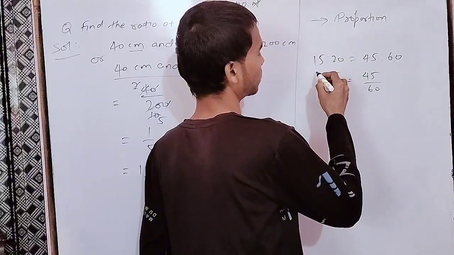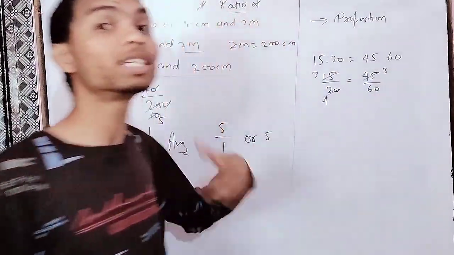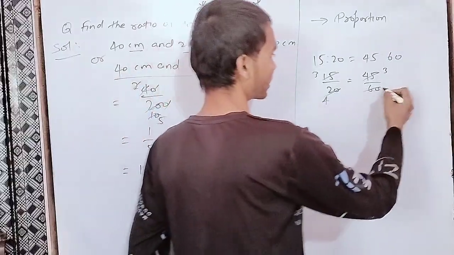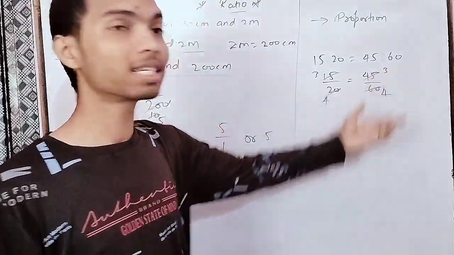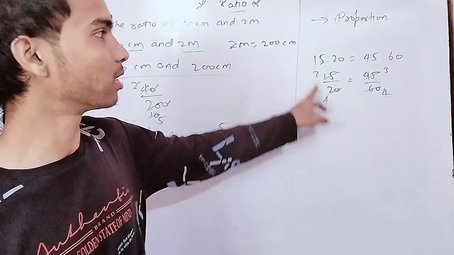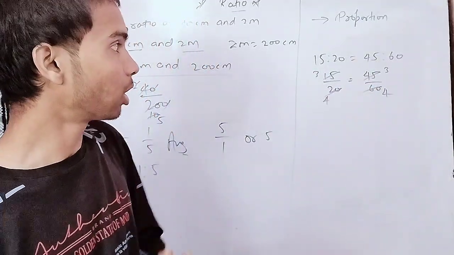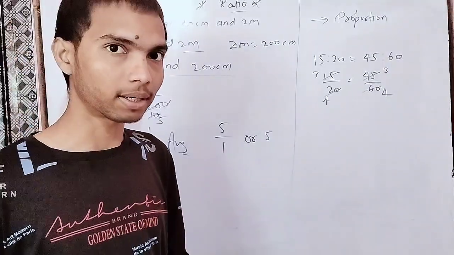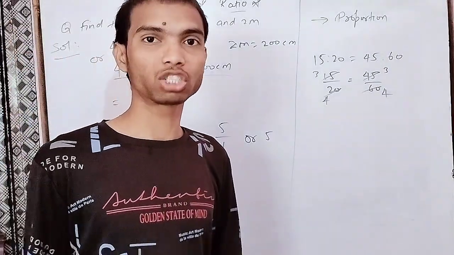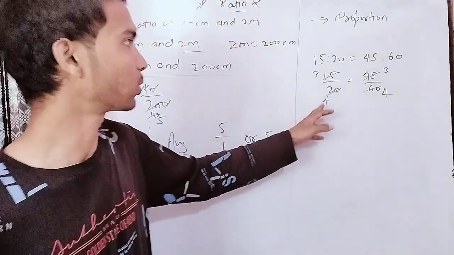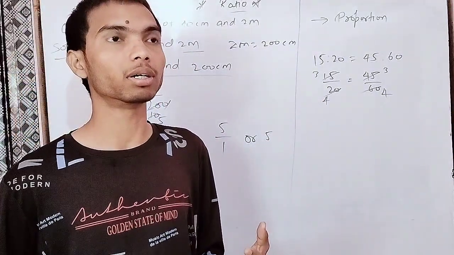Now 3 fives are 15, and 4 fives are 20. 15 is 3 times 5 and 20 is 4 times 5. So 3 by 4, and 3 by 4. From here we can understand, and a teacher would teach their students, about equivalent rational numbers.